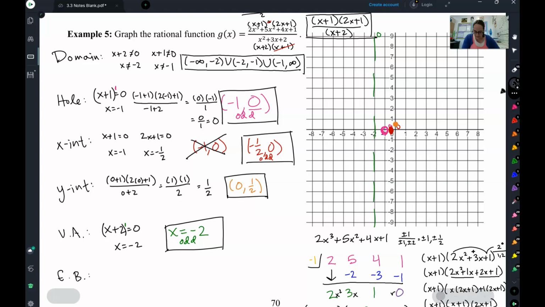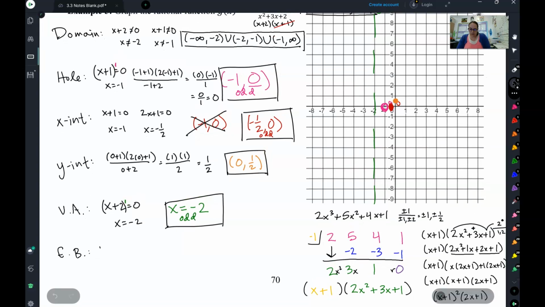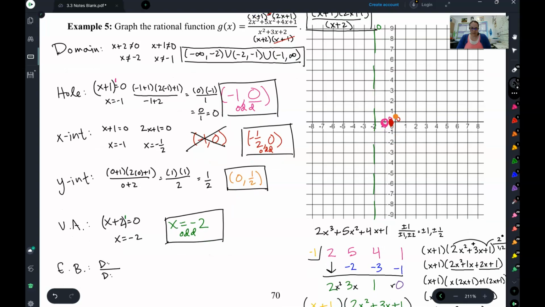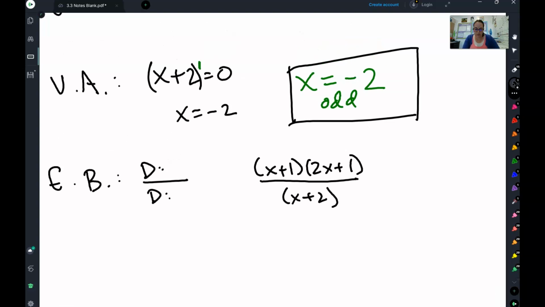And last step, finally, we do our end behavior. Look at our simplified version. We need to look at the degree on top and bottom. So my simplified version, I have an x plus 1 and a 2x plus 1, and then an x plus 2. This is in factored form, which means to find the degree, I need to get rid of all of the constants.